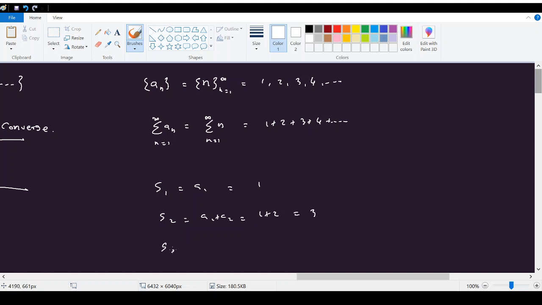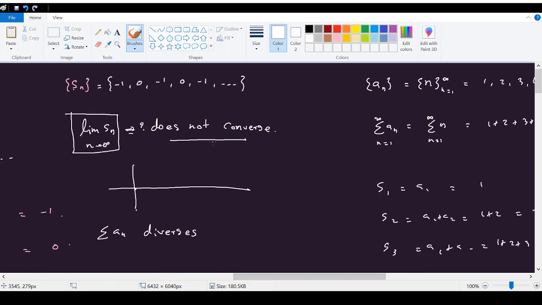And S3 is the addition of the first three terms, 1 plus 2 plus 3, which is equal to 6. Likewise, the partial sum sequence 1, 3, 6 increases to infinity. So in this case the limit of the partial sums is equal to infinity, but in the previous one it did not exist.